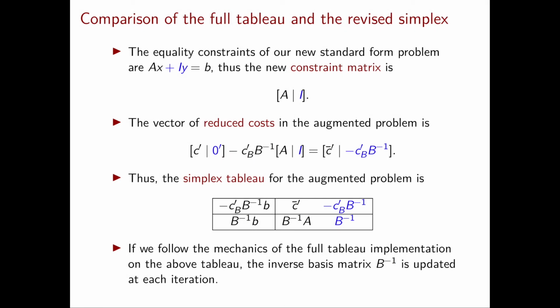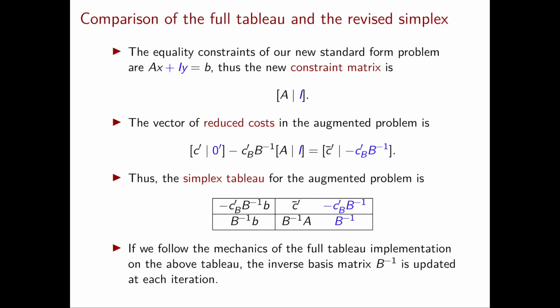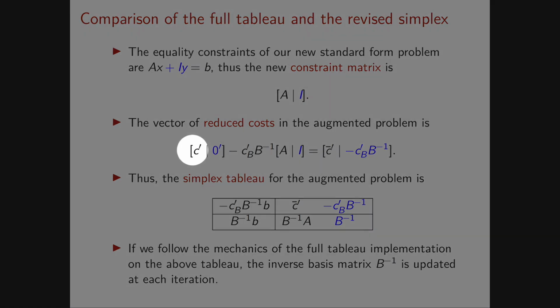To compute the reduced cost, we always use the formula cost vector minus c_B transpose B inverse times the constraint matrix. Now the transpose of the cost vector is c transpose and then 0 transpose, while my constraint matrix is A and then the identity. So if we look at the first n components of this row vector, we have c transpose minus c_B transpose B inverse times A, and these are exactly the original reduced costs, which as always I denote by c bar transpose.